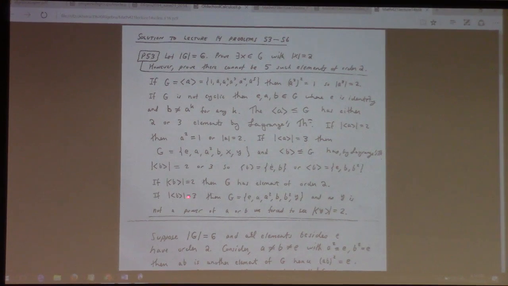If the order of B is 3, then we've got E, B, B squared. Remember, we're assuming B is not equal to A to the K, so these are disjoint. A squared, B squared. Oh, then I'm back to here. And as Y is not a power of A or B, we are forced to see that the order of Y is 2. That's the thing I'm not totally convinced of.